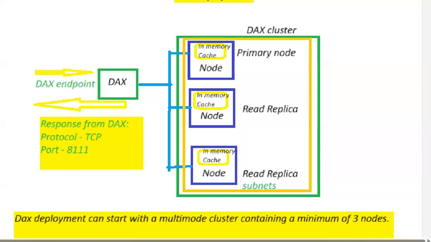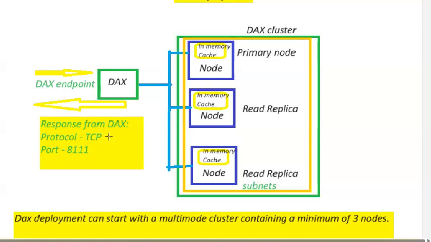Let's say in another application, you want to connect with this DAX. How do you connect? By using an EC2 instance. You first need to provide this DAX endpoint to your EC2 so that you are able to send requests to this DAX. Then how will your EC2 receive the response from this DAX?